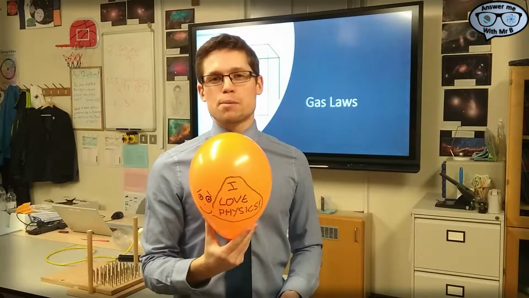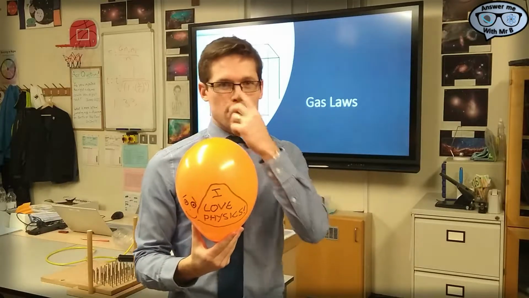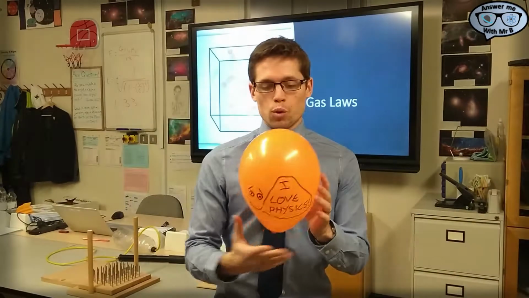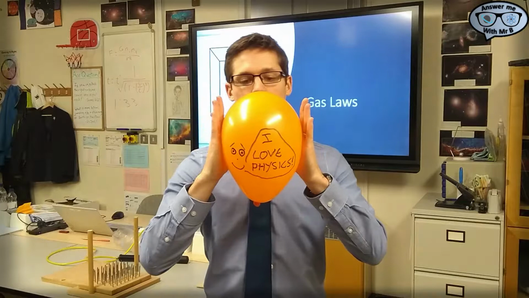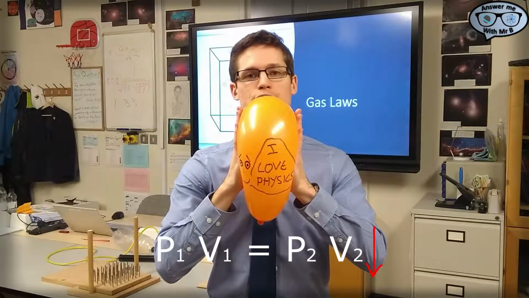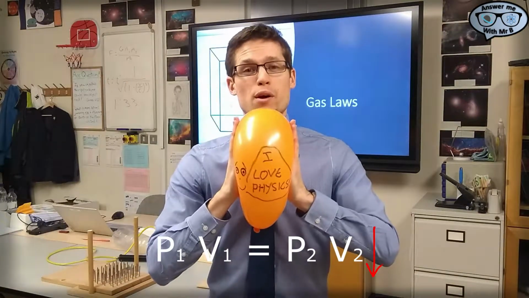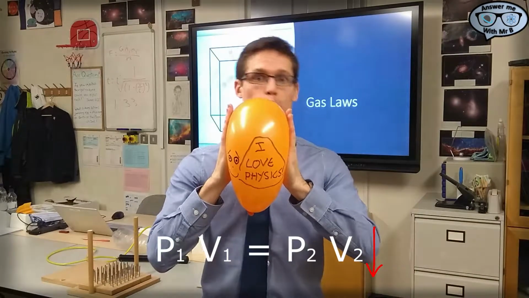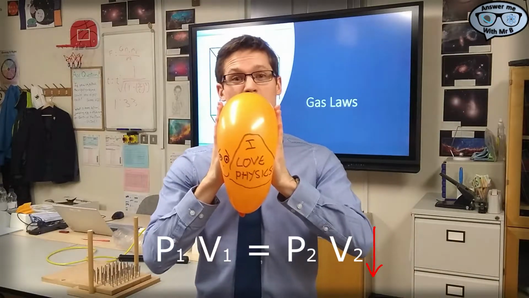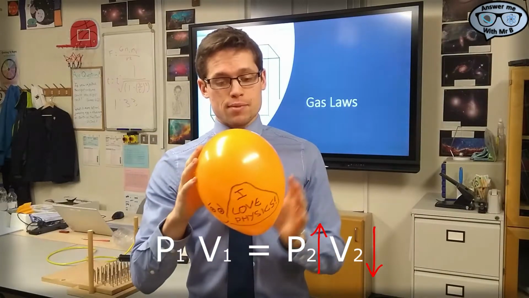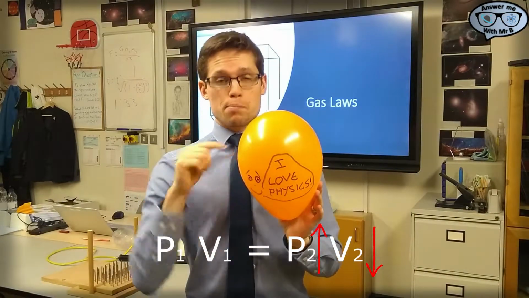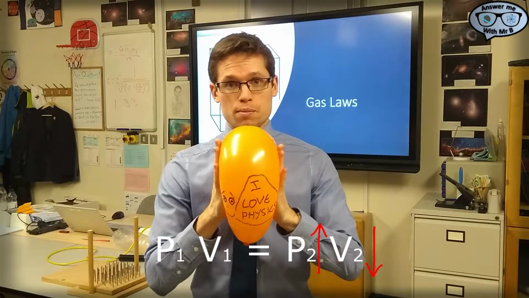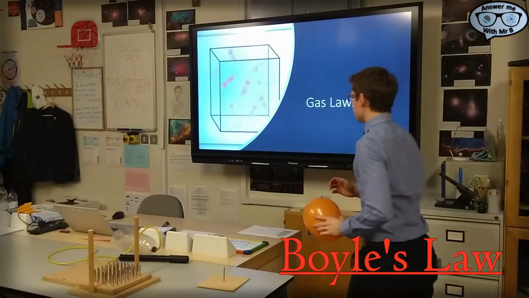How could I increase the pressure on this balloon? Well, there are two things I could do. One very simple thing I could do is to decrease the volume by squeezing it. I'm now giving the particles a bit less space to travel from one wall to the next, and therefore they end up colliding more often. This is the relationship between the pressure and volume, and it's called Boyle's law.